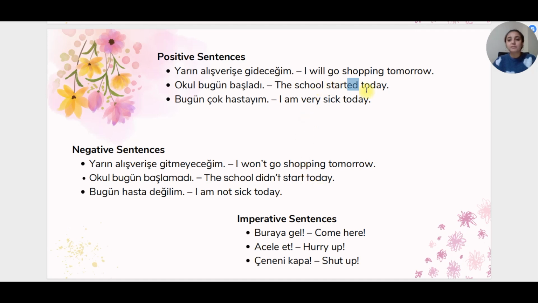And the school started today becomes school today started, because the subject of the sentence is school. After that, I need to say time, when, bugün, today, başladı, started. And the tense suffix will come after the verb, and the verb will be at the end.